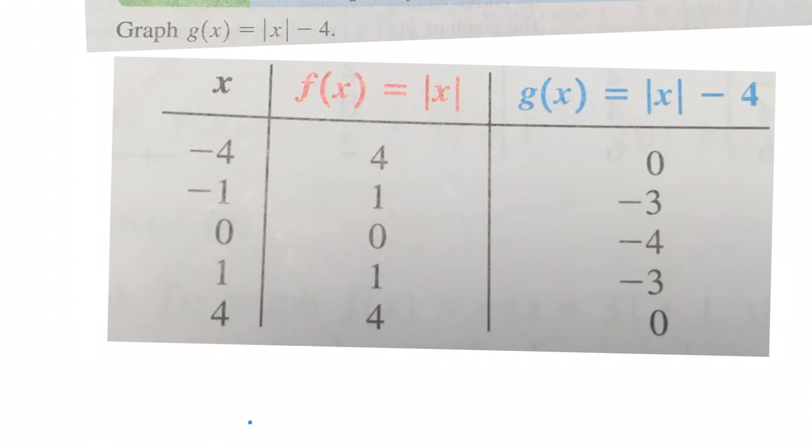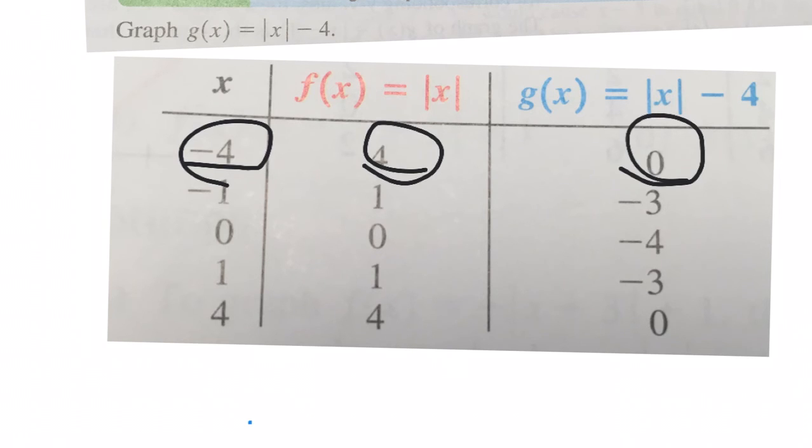Alright, here's our table. Pretty much for any point you plug in, like say if you're plugging in negative 4, you just get the positive out of it after you plug it into the parent function, like positive 4. But when you plug it into the vertical translation, since it's minus 4, the y value would be 4 less. So the point on the translation would be 4 units below the point on the parent function.